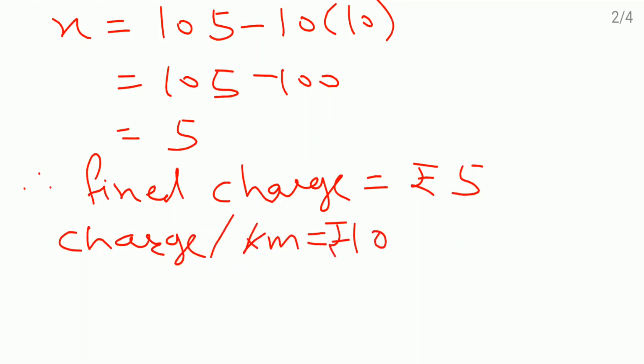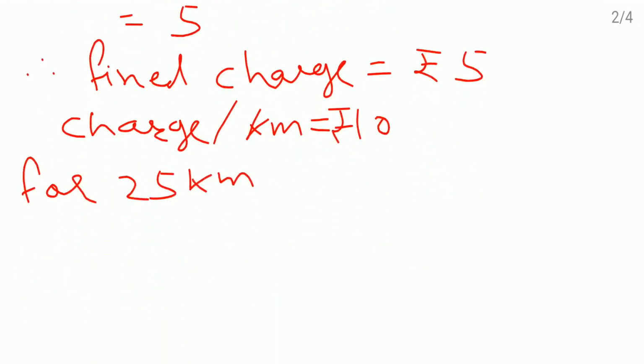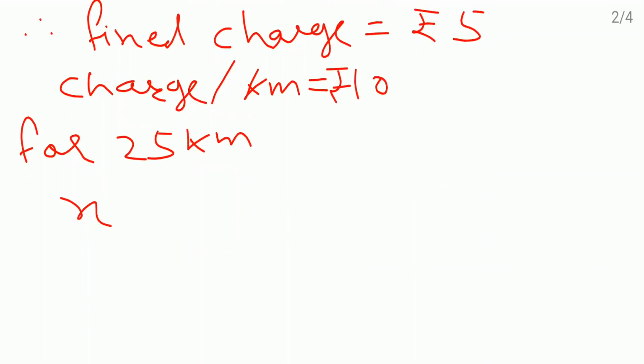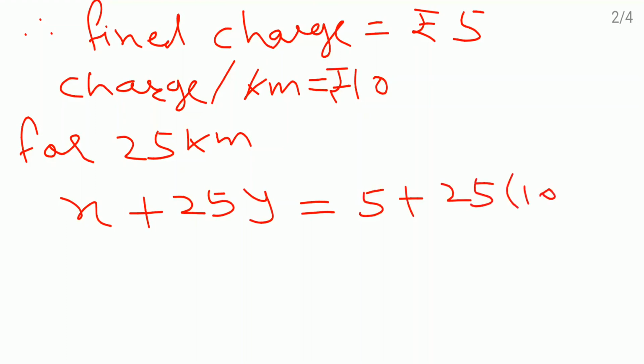Okay. Now for 25 kilometer, what will we write down here? Fixed charge is X and for 25 kilometer, 25Y. This is the charge. And the value of X is 5, 25Y, Y means 10.